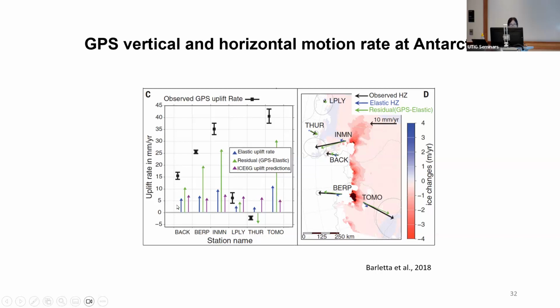You can see the elastic GIA model predictions are much lower than the data they observed. People use those to constrain the Earth viscosity in West Antarctica. People found that in this region the viscosity is much lower than the normal viscosity used in GIA models.